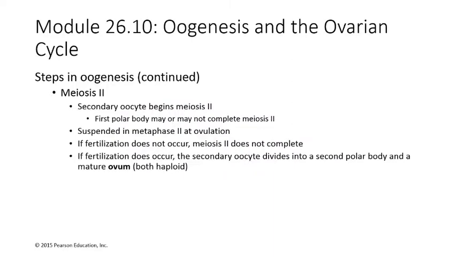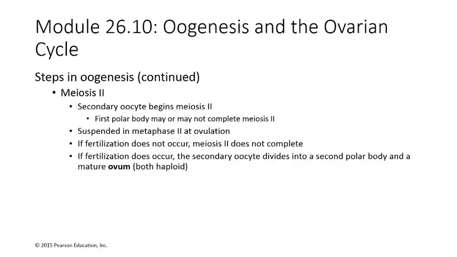Then that secondary oocyte is going to start meiosis 2. Again, there will be an unequal separation. This is what's happening after puberty, when about 15 or 20 or so of those primary oocytes are chosen.